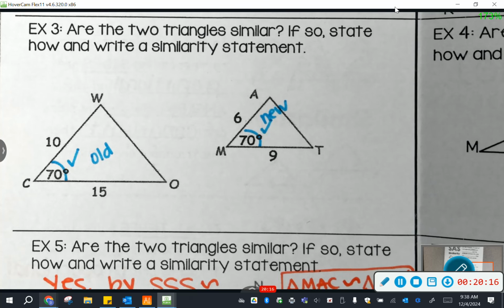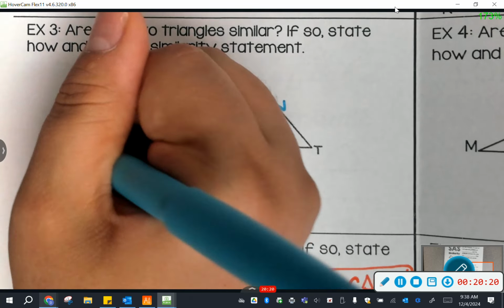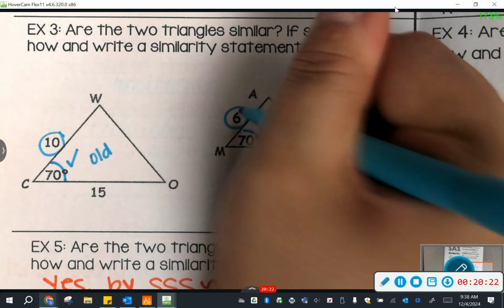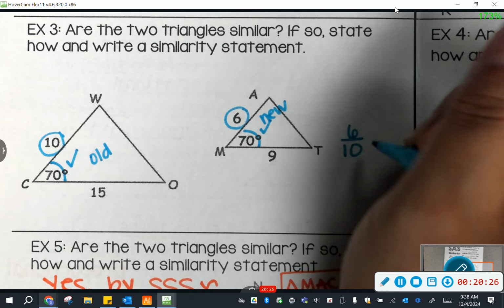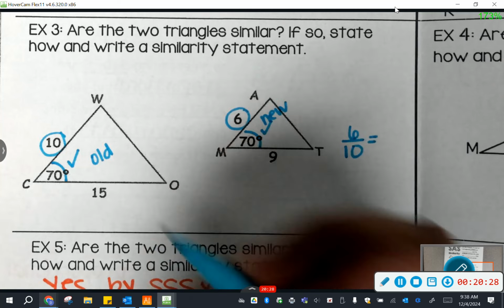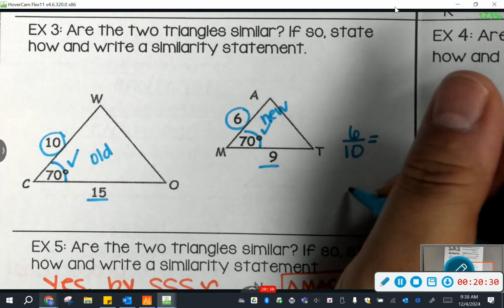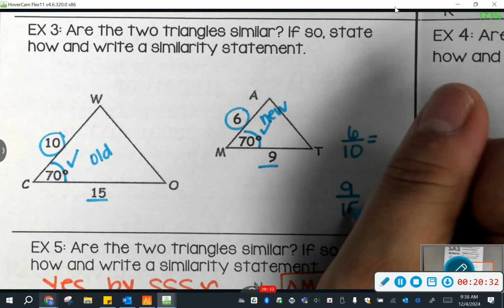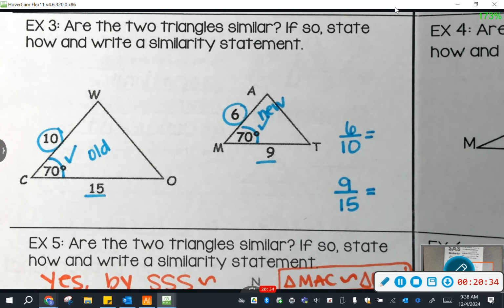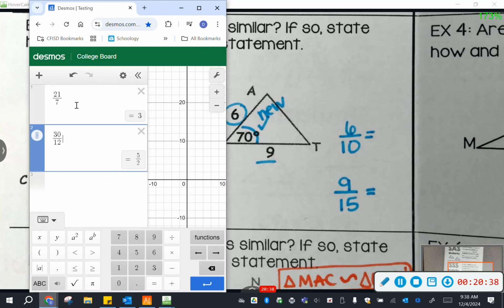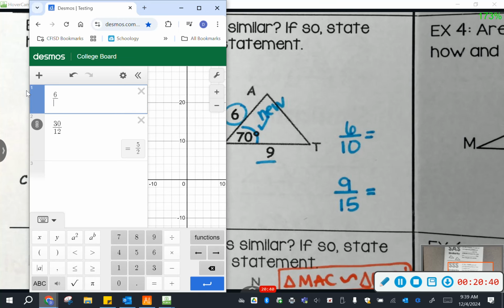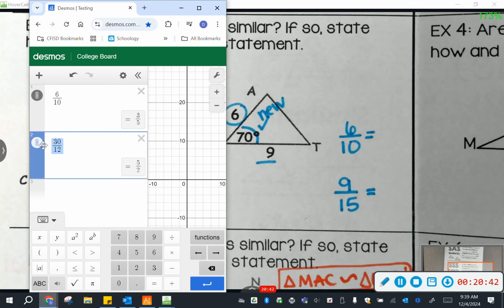How do I know which side goes with which? The smaller number with the smaller number. So I'm going to do 6 over 10 and 9 over 15. And I'm going to put those in my calculator. What is 6 divided by 10?